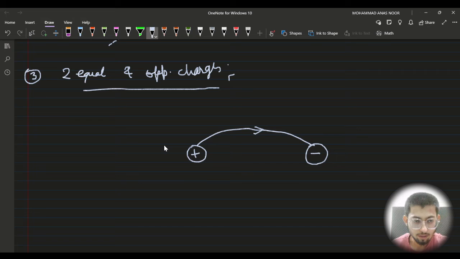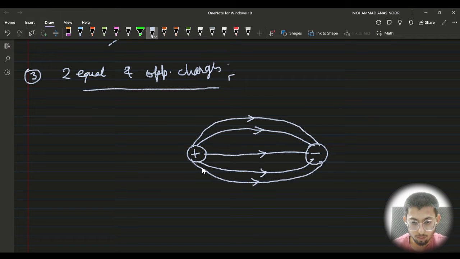Okay, so from positive to negative, right? They start at positive and end at negative. Remember, they are not forming loops. This is not a loop, this is a single line.